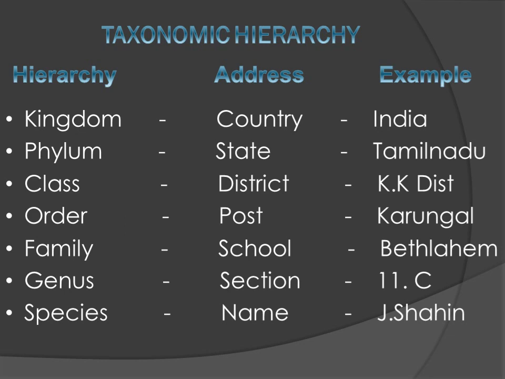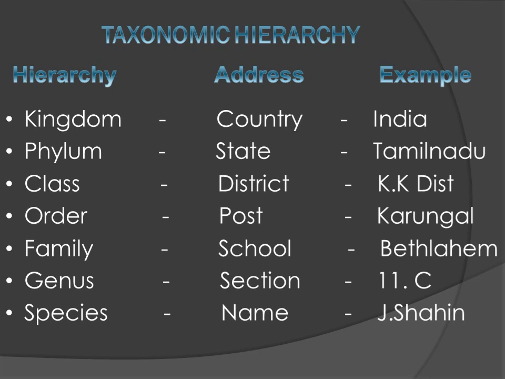The same here, to identify one particular species in this world, we have to give one hierarchic order. Understand how this hierarchic order will be there? Listen, the first, like country, the kingdom. The next hierarchic order, like state, we can say phylum.